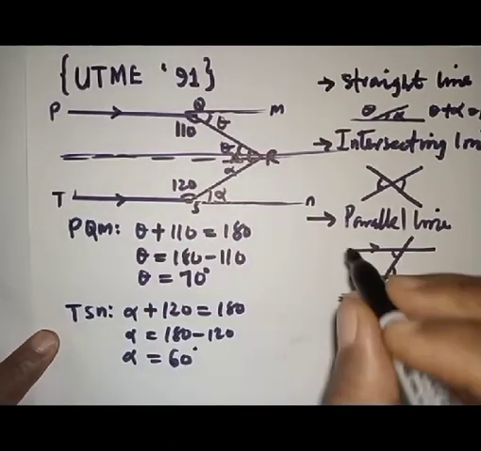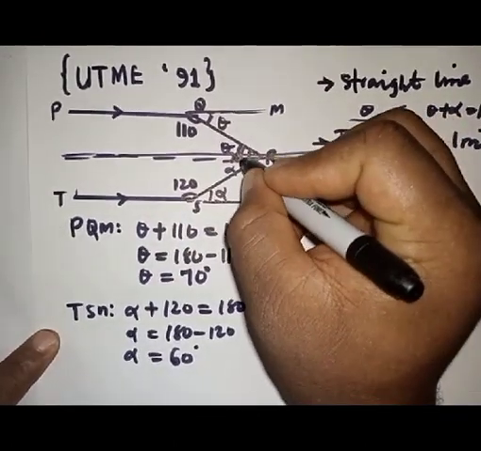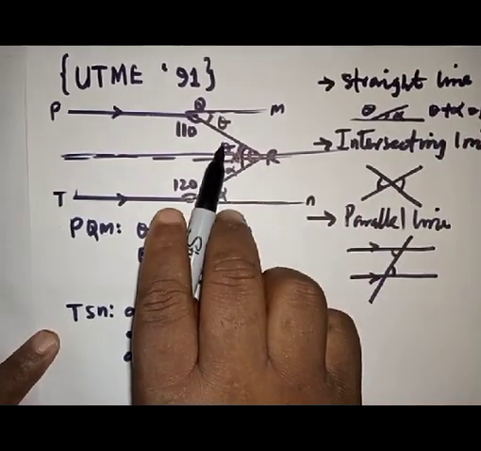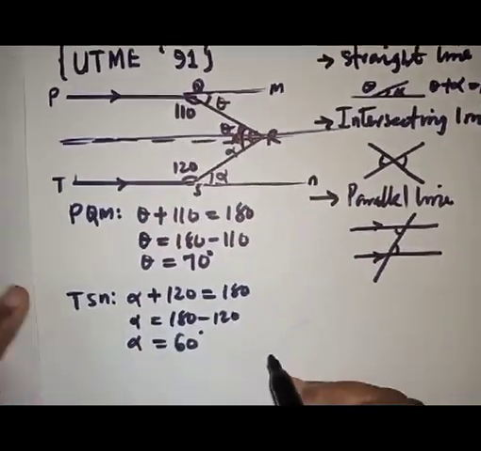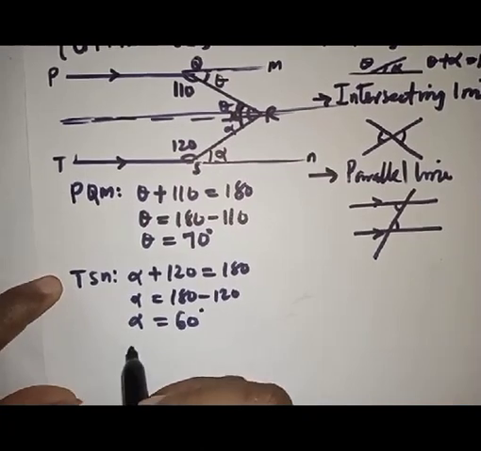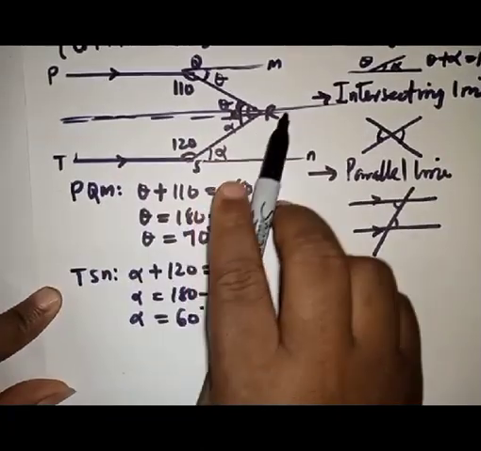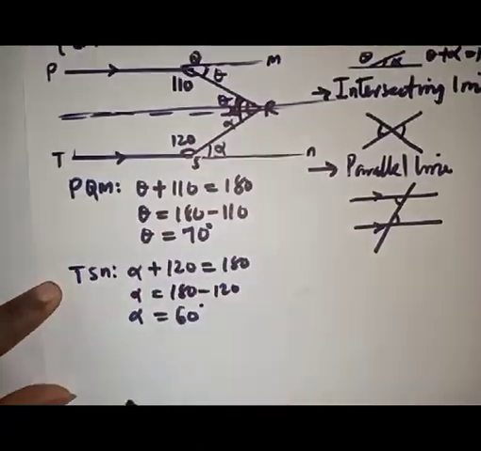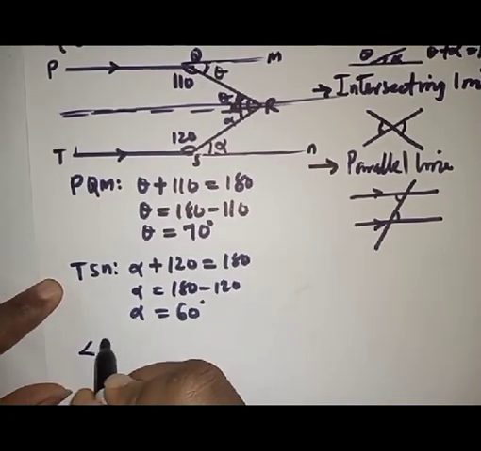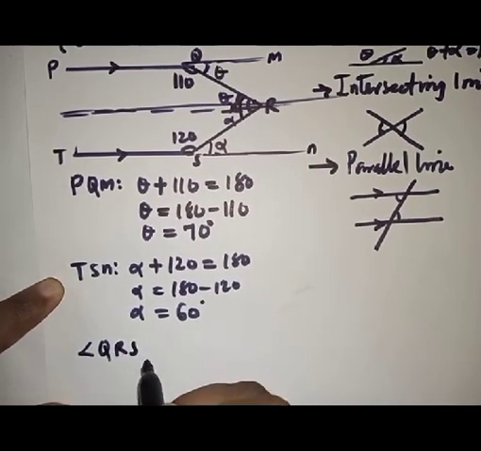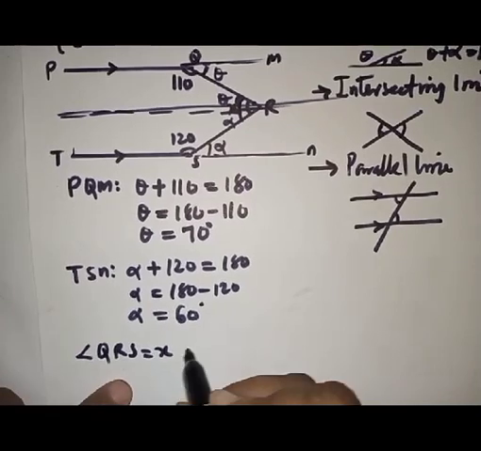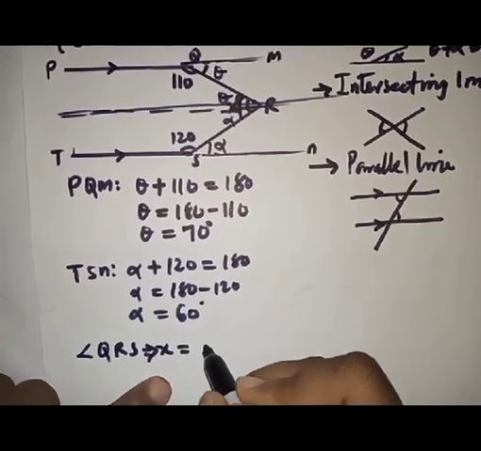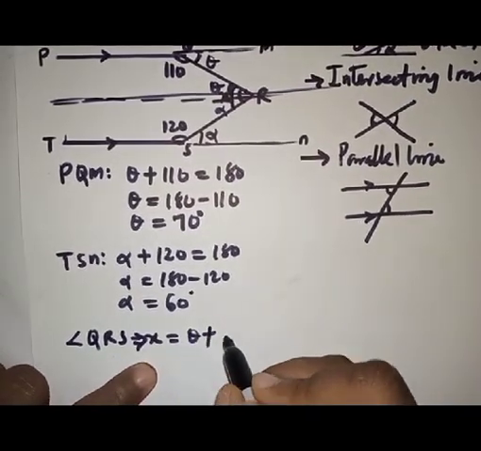So I can now say that the whole angle here is the summation of theta plus alpha. So the value of x, that is angle QRX, will be theta plus alpha.